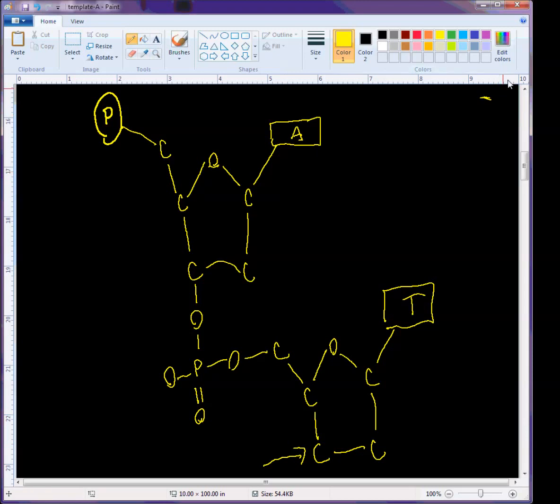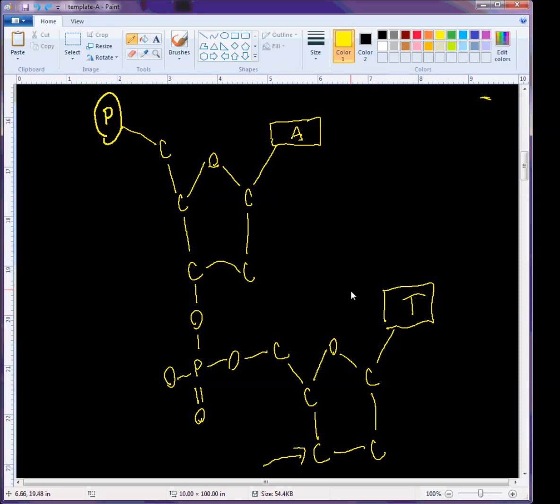And now part A is asking us, is it DNA or RNA? Well, they didn't diagram anything. They didn't put any OHs or H's here or anything, so we can't really use that.